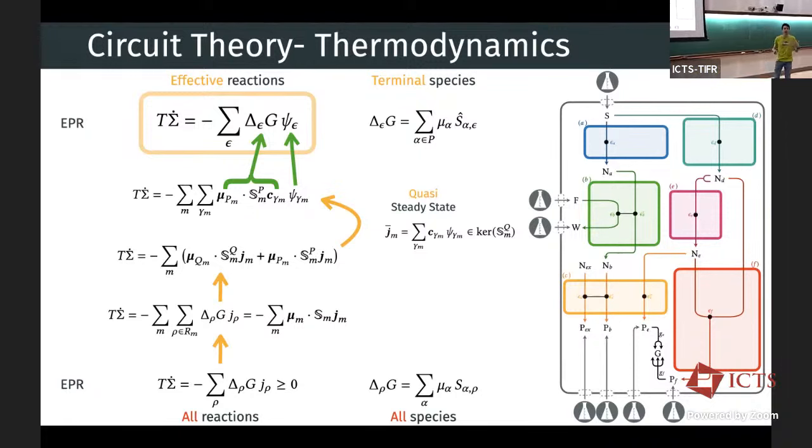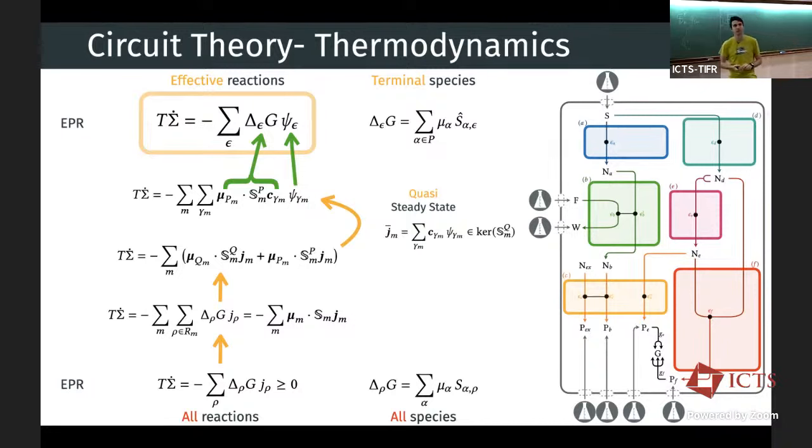Let me stress again: from all the reactions that we needed to compute the dissipation with the standard formulation, we ended up with an expression for the entropy production which accounts only for these effective reactions. That's the remarkable simplification of the problem, assuming that, of course, you can simplify the modules.